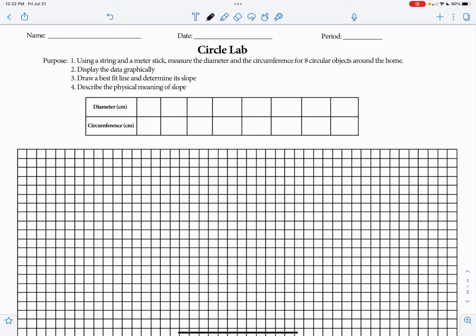So I have, let's see, 4.8, 15. Let's see, 11.4 and 31 and a half.